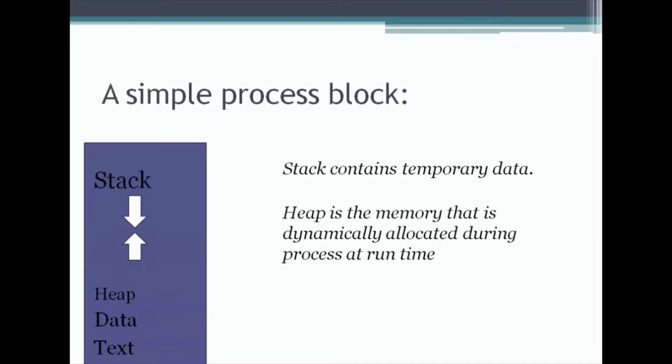What is heap? Heap is the memory that is dynamically allocated during the runtime of the process. And what is data? That is the data section containing the global variables that you have declared before the coding part. And the text is the code section that we were discussing.